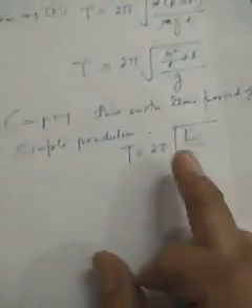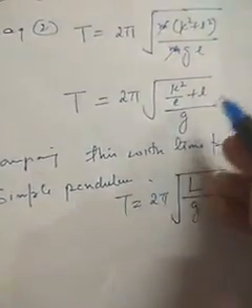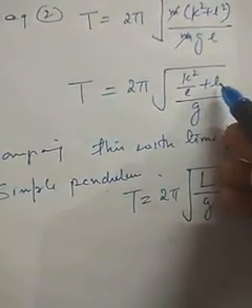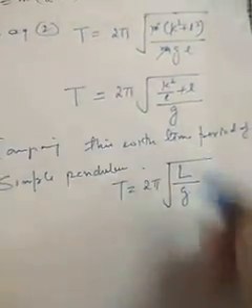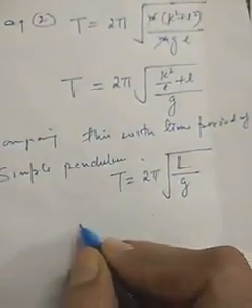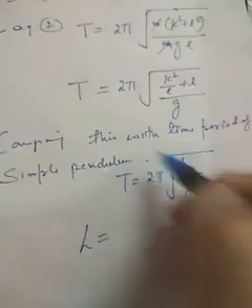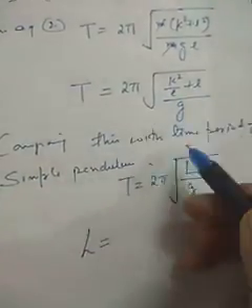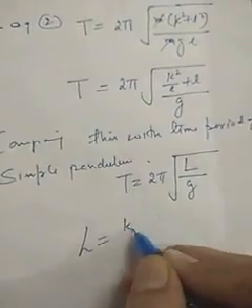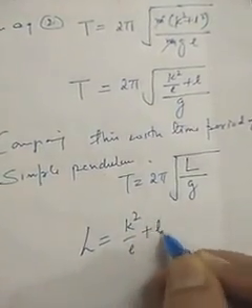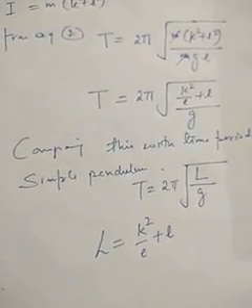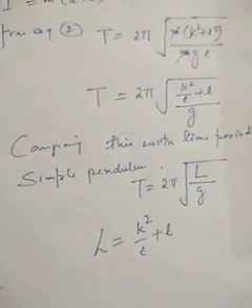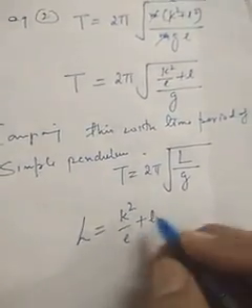It is actually small l, but I have written it as capital L because we already have the parameter small l in the expression for the compound pendulum. If you compare these two, you will find that the rest of the expression is the same. Only thing that differs is the length, which comes out to be k square upon l plus small l. This capital L is called the length of an equivalent simple pendulum.